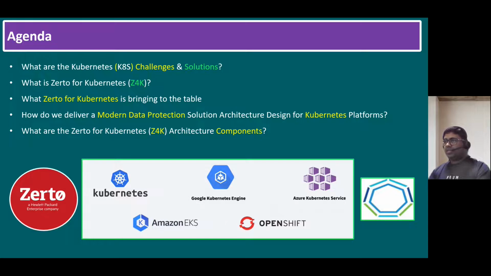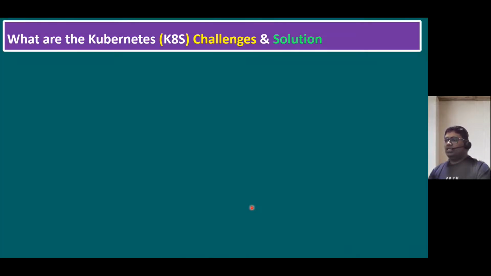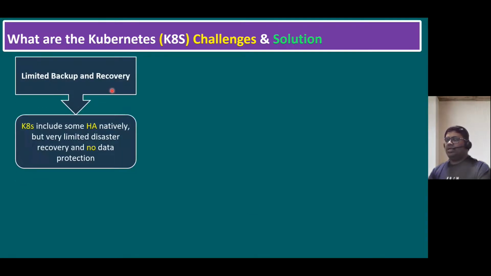Now let's start with the first point. What are the Kubernetes challenges and solutions? I'm just trying to highlight three key challenges. The first one is limited backup and recovery. Limited backup and recovery means that traditional backups support only system full image backup, file system backup, and file and folder recovery.